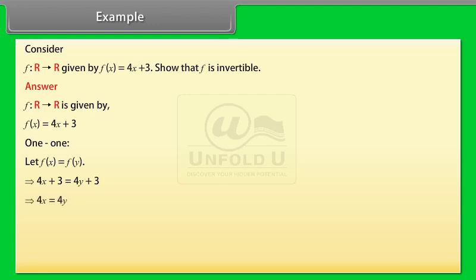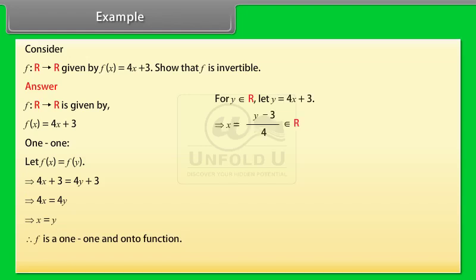It implies that 4x is equal to 4y. It implies that x is equal to y. Therefore, f is a 1-1 function. Onto. For y belongs to R, let y is equal to 4x plus 3. It implies that x is equal to y minus 3 upon 4, which belongs to R.